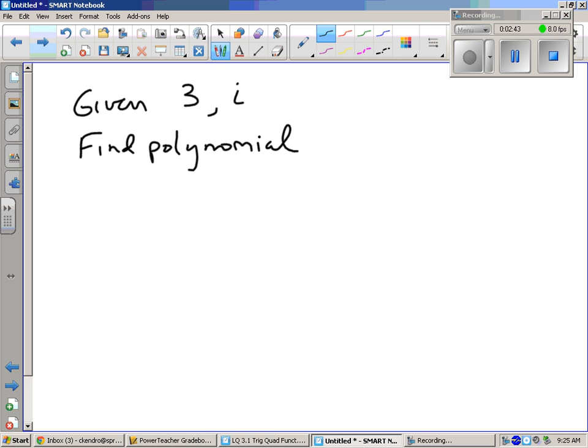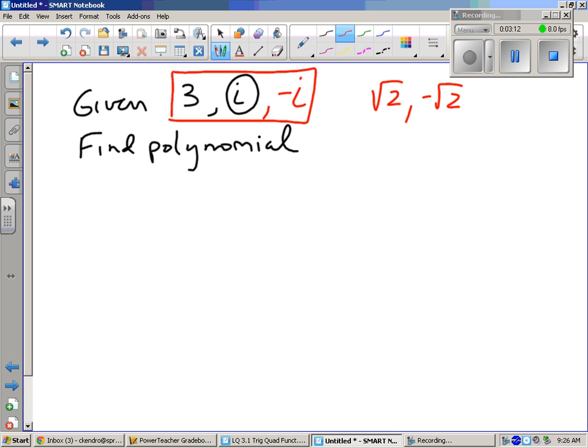Now, if you remember from Algebra 2, if you are given an i, you have to automatically know that negative i is also a 0. So you have to put that in there with it on your own. That's also true if I was given a square root of 2, then you have to know the negative square root of 2 is also a 0. Okay, that's called the conjugate rule. So let's go with these 3 and try a problem.